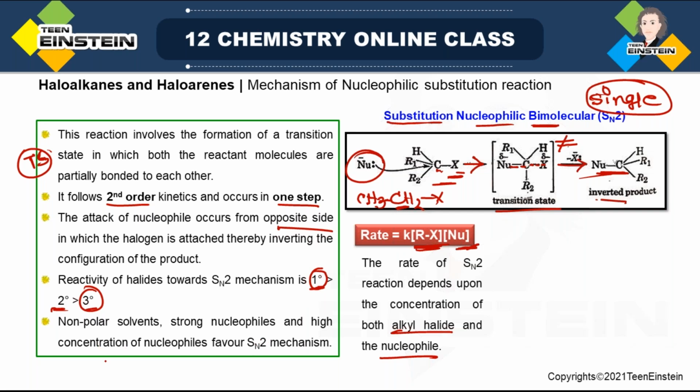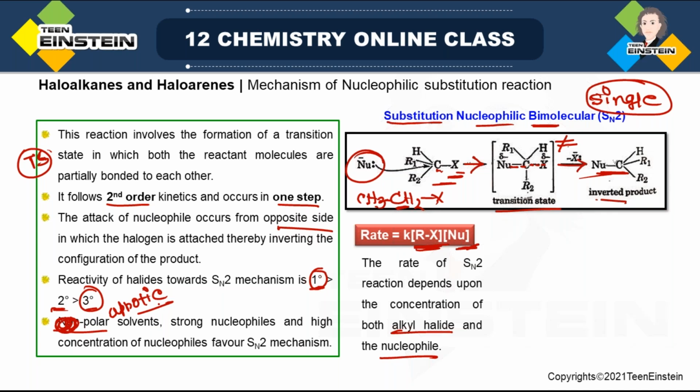And what type of condition will favor SN2? If you take, sorry, it is not non-polar, it is polar aprotic. So in both cases you have to take polar solvent, but now we are not taking protic solvent, we are taking aprotic. Now aprotic is obviously the opposite of protic. In protic, what we have said is that there must be some active hydrogen, that is hydrogen attached to some electronegative atom, oxygen or nitrogen. But in aprotic, that will not be the case.